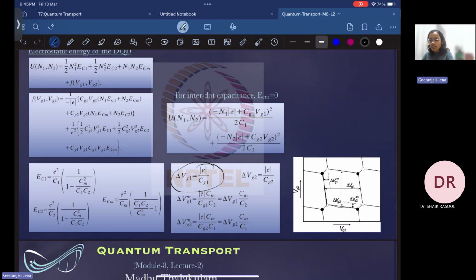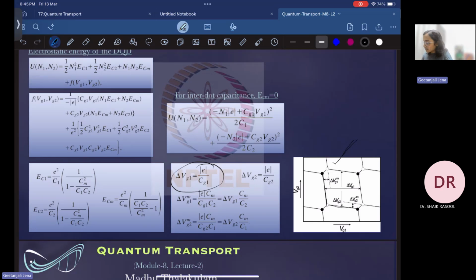Similarly for this case, if you study the charge stability diagram, we'll be able to calculate some of the values of the circuit elements we are using, like capacitor, resistor or interdot capacitance. That is why we study this charge stability diagram.